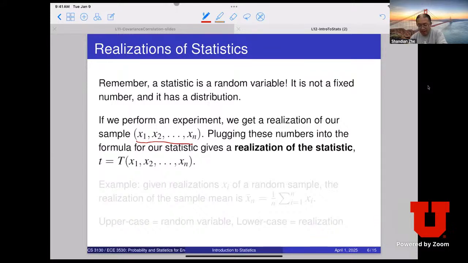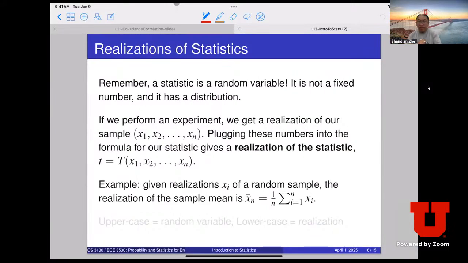Then we plug these numbers into the formula of our statistic and calculate the value, which we denote as lowercase t. We call this a realization of the statistic. Basically, it's just an evaluation of the function for this statistic.